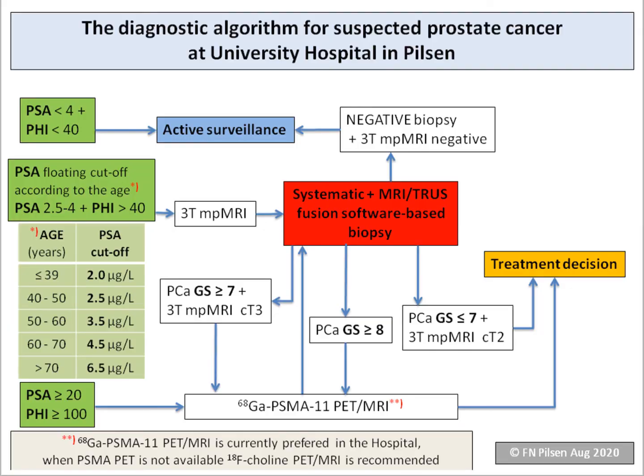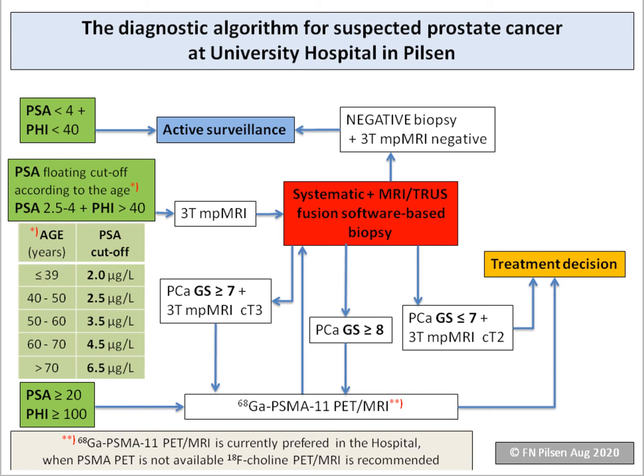Here you can see the diagnostic algorithm which is applied in the University Hospital in Pilsen. This diagnostic algorithm was created by clinicians from the Department of Urology. As you can see, PSA and phi are included here in the first line.